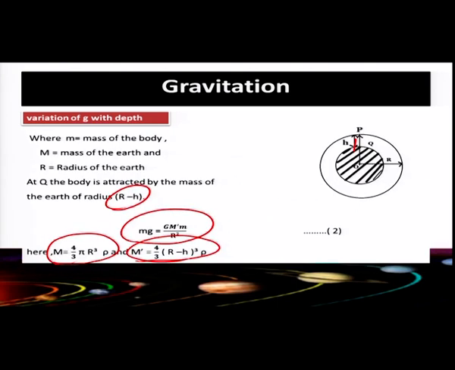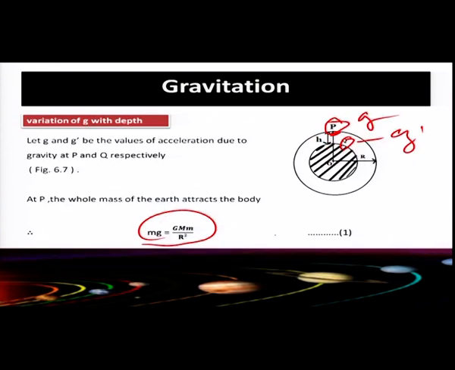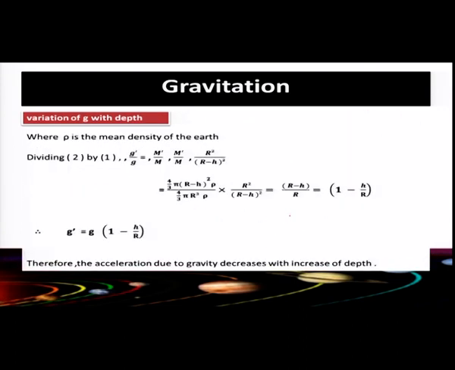You divide the first equation and the second equation. When you divide, I get g dash by g is equal to m dash by m, that is equal to, when you simplify, 4 by 3 pi into r minus h the whole cube into rho by 4 by 3 pi r cube rho into r squared by r minus h the whole squared.